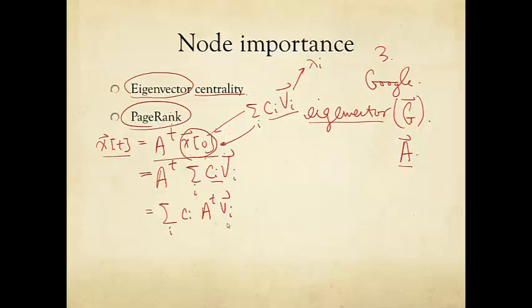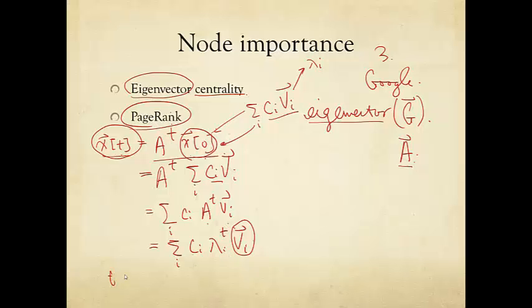Now, if you multiply an eigenvector of this matrix on the left, then you just get lambda i vi, and you have done that t times. Therefore, it is just ci times lambda i raised to the power t times vi vector. In other words, we have expressed the time t vector x as a linear combination of the eigenvectors of this matrix A here, where the weights are the ci times eigenvalue lambda i to the power t.